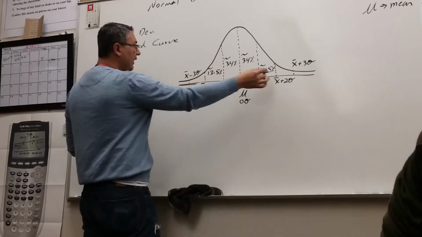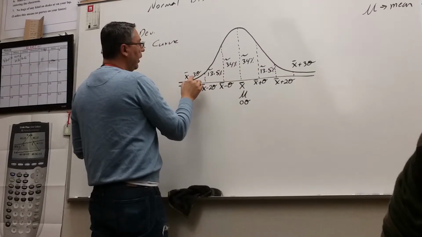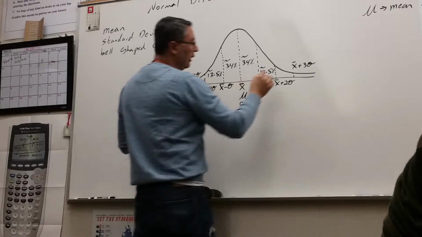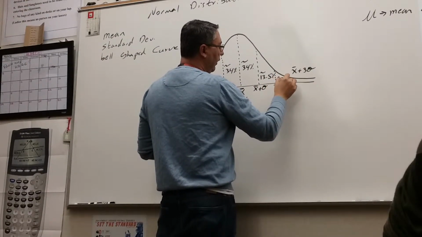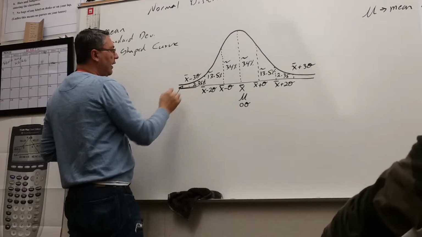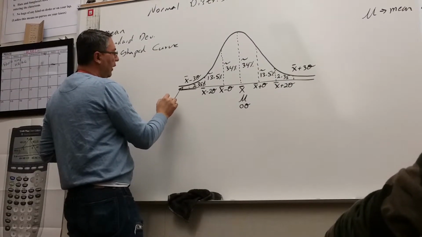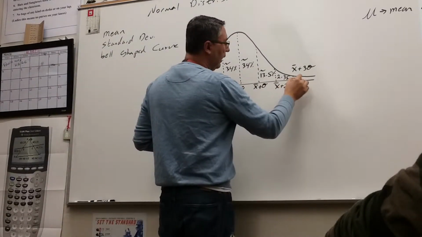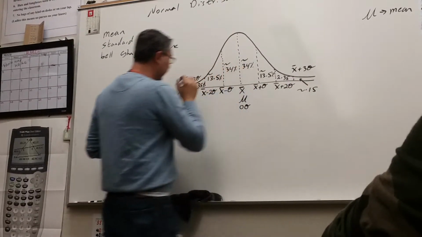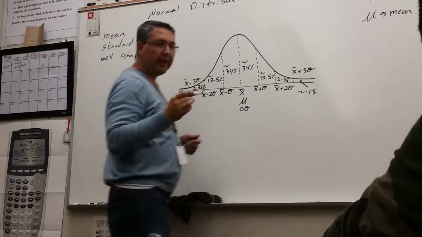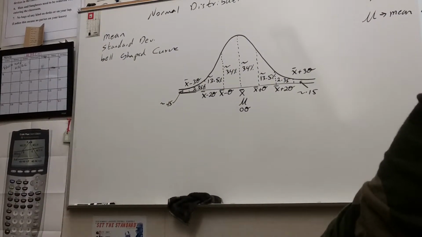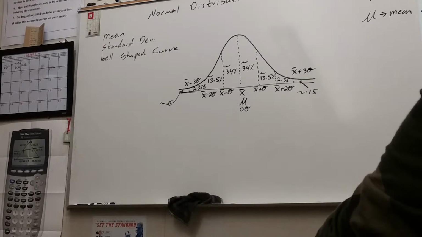And then in this slot here, it's approximately 2.35% and 2.35%. And then way out here in the tails, it's 0.15 and 0.15. And this is approximate. Okay? The exact values are a little bit different. It's like 0.13 something. But we're going to use these in our calculations. You'll be fine.